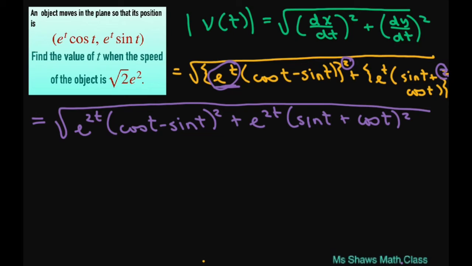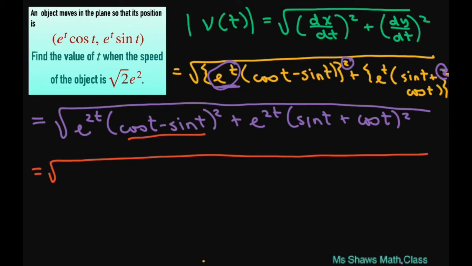From here, let's go ahead and expand this. So this is going to give you e to the power of 2t, and this piece here is going to be cosine squared of t minus 2 sine of t cosine of t plus sine squared of t.